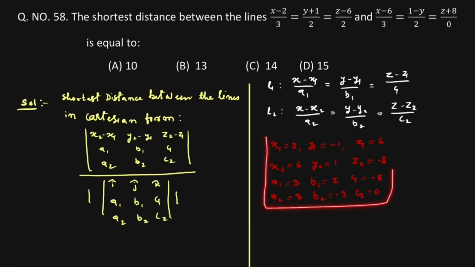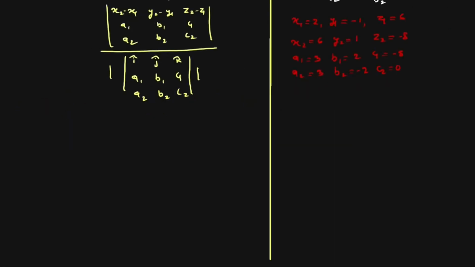Now all these values we put here, then we will get the shortest distance, which is equal to x2 minus x1, that is 4, y2 minus y1, that is 2, z2 minus z1, that is minus 14, that is 4, 2, minus 14. a1 is 3, b1 is 2, c1 is 2, a2 is 3, b2 is minus 2, and c2 is equal to 0.